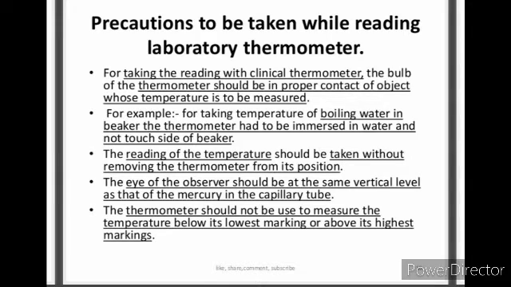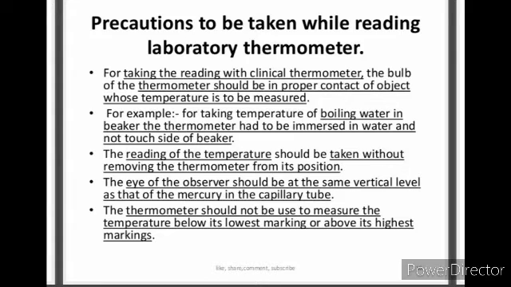For example, for taking the temperature of boiling water in a beaker, the thermometer has to be immersed in the water and not touch the side of the beaker. Its wall should not be touched with the thermometer. It is to be just immersed in the water.